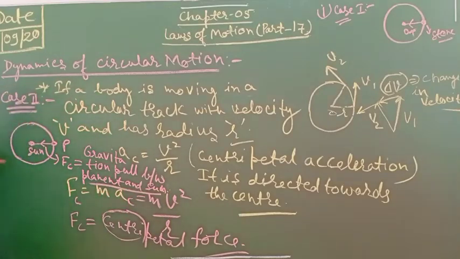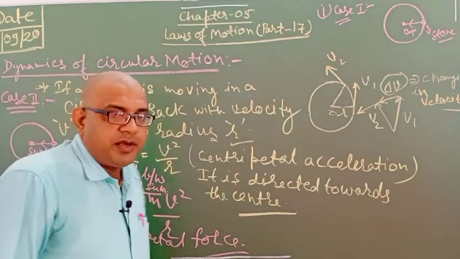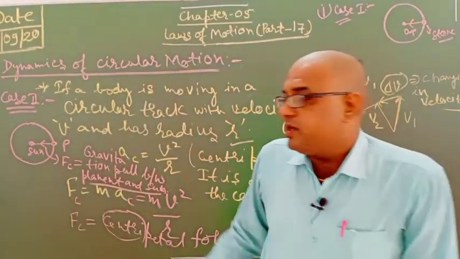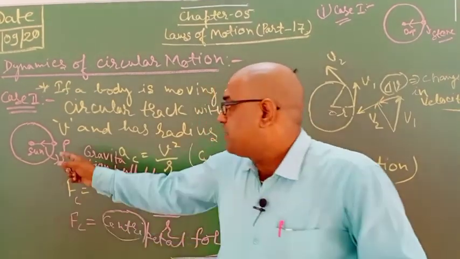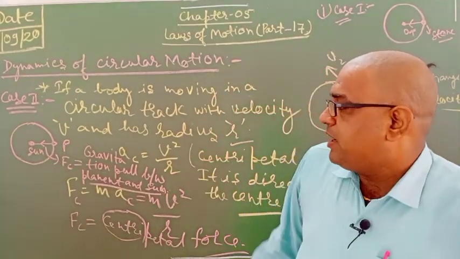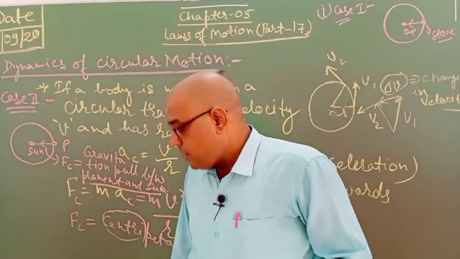This is the cause of centripetal force. When a planet is moving in a circular path around the sun, the cause of centripetal force is the gravitational pull between the sun and the planet.